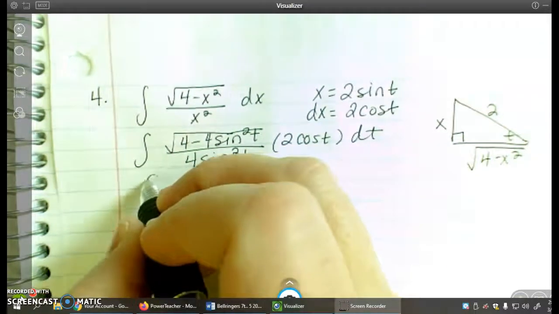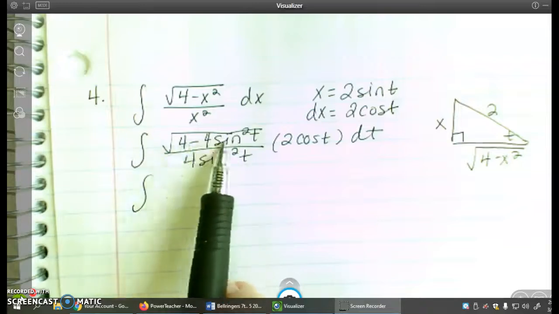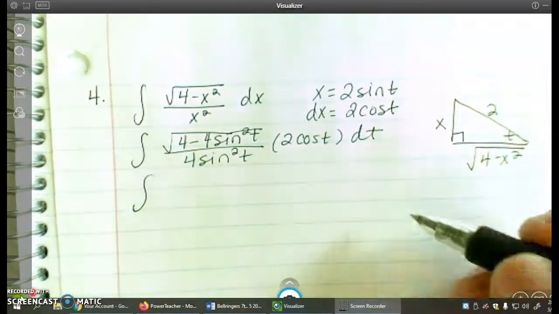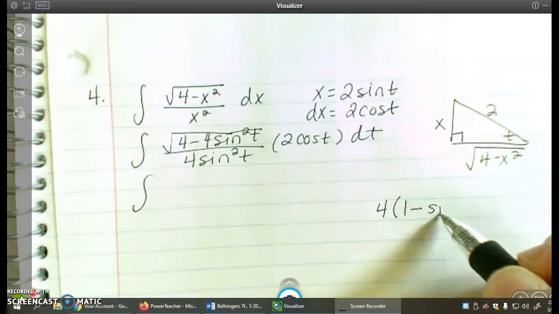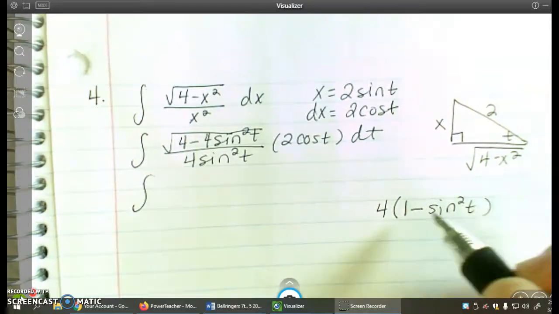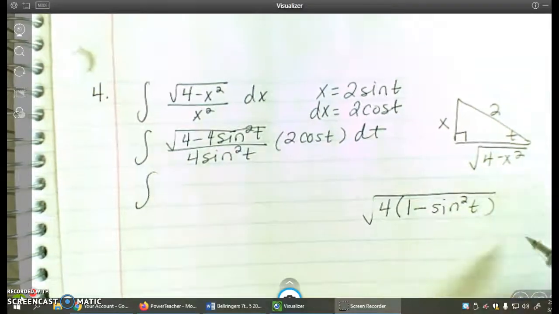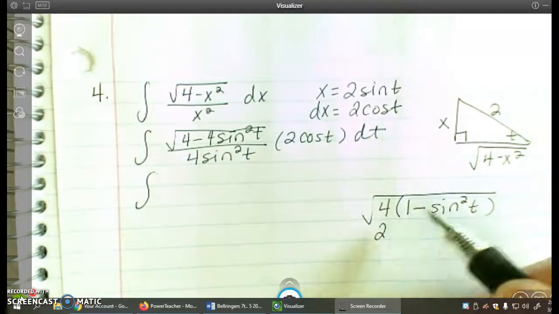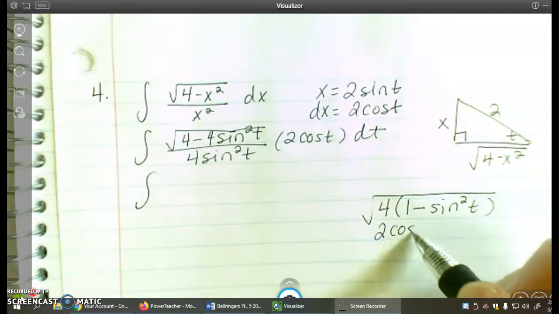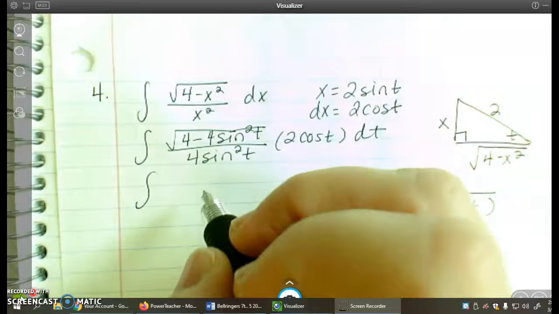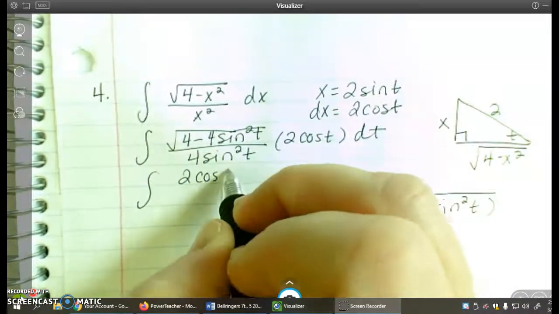Alrighty, so what do we have here? Well, this up here, if you factor out a 4, I'll write it to the side a little bit. We've got 4 and then 1 minus sine squared of t. That's what's underneath that square root. So square root of 4 is 2, we know that. This is cosine squared of t, and then we're taking the square root, so that whole square root represents 2 cosine of t.